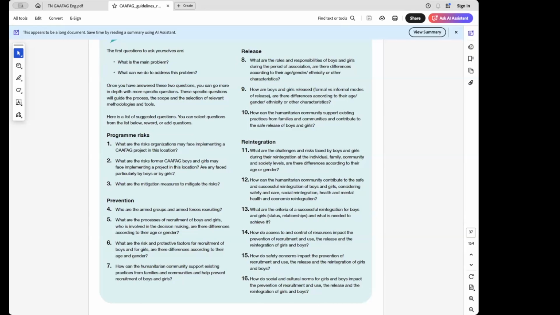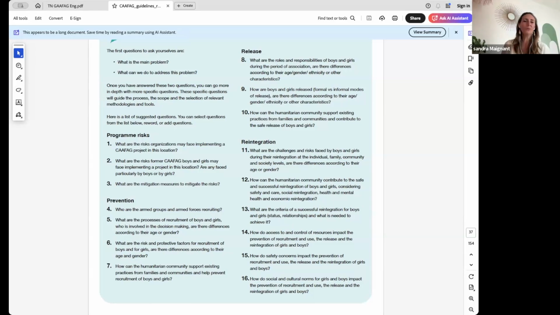I guess my question is, maybe it's buried in these questions around program risk, prevention, release, and reintegration, about involving them in some of this process, or having an inter-coordination of focal points coming together, or at least participating in some of the local CAAFAG task force mechanisms, to participate in the context analysis and get their buy-in from the beginning, rather than just drop it on their lap at the end and say, hey, we need you to do this. It's more of a comment than a question.